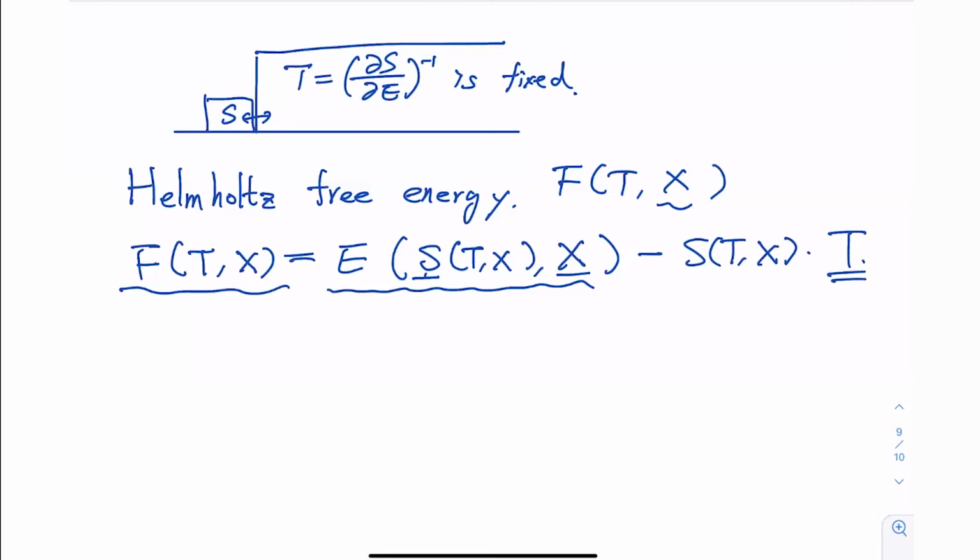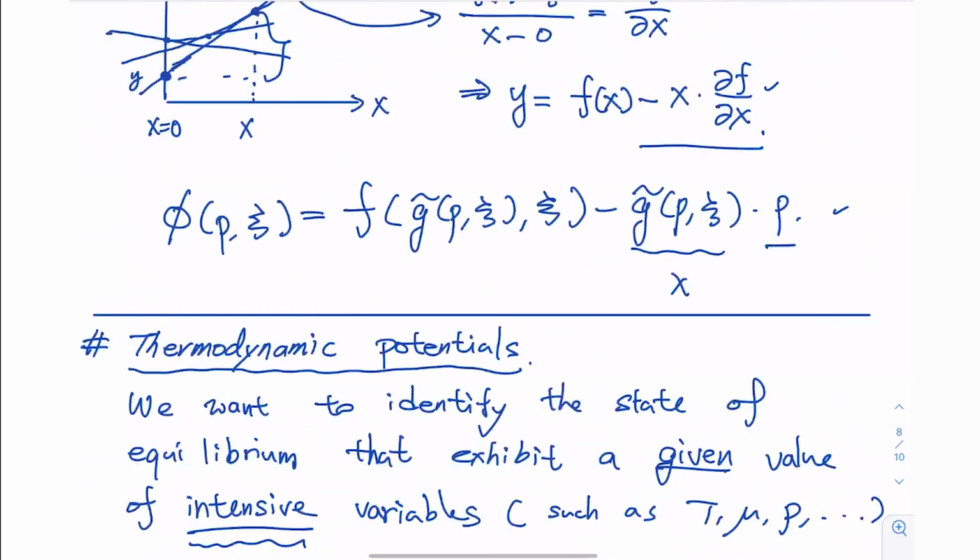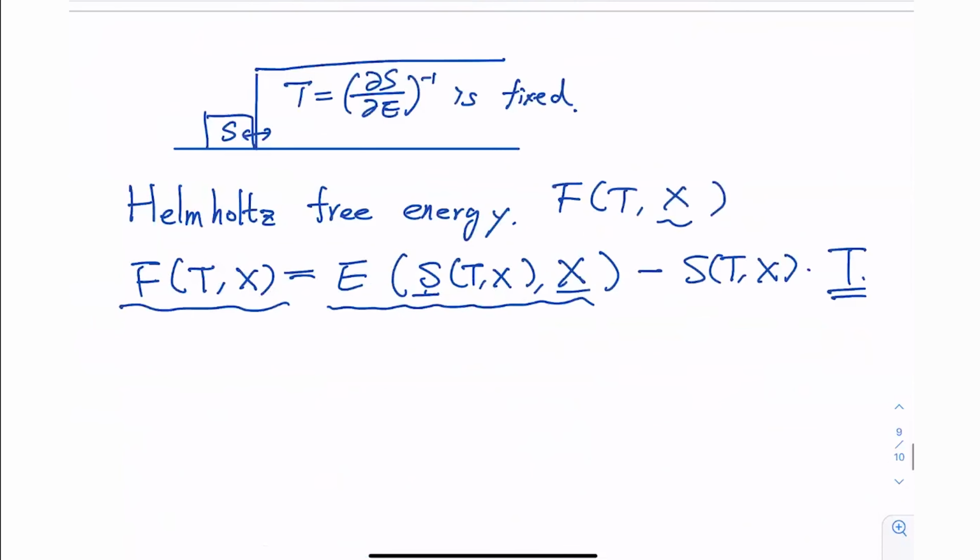According to the Legendre transformation that we just learned, we need to include the corresponding slope-like object. In this case, the function that we are expressing is the energy, and the slope-like object will be this object, which is the temperature that we are familiar with.